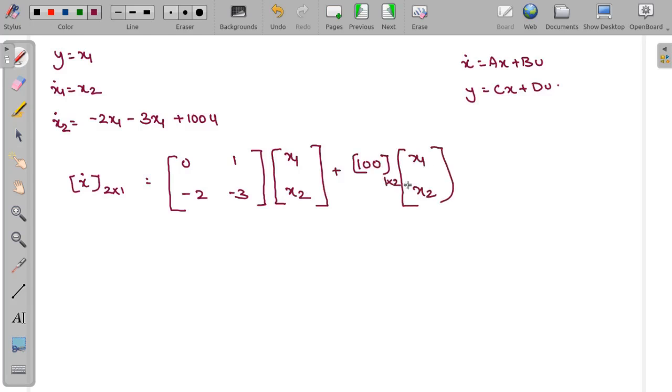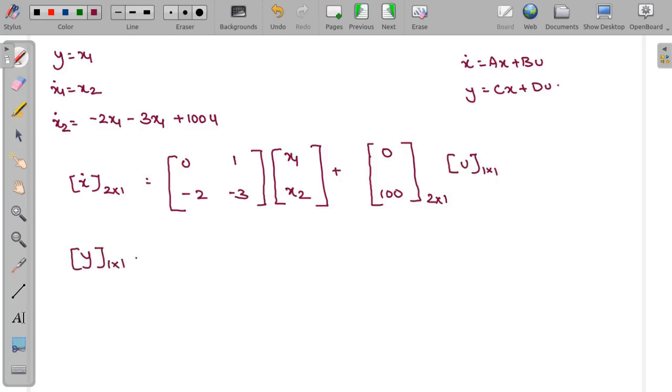Okay, so this is 2 cross 2, this is 2 cross 1, u is 1 cross 1, and over here we have y, which is 1 cross 1, equal to 0 1 times x1 x2, plus 0.